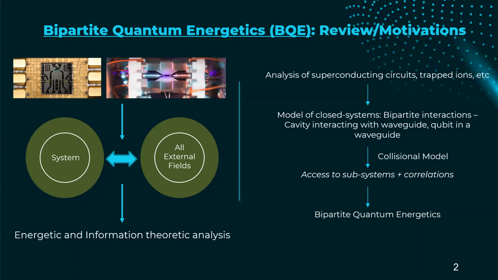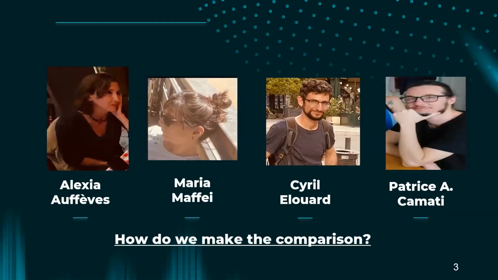How do the bipartite definitions of heat and work relate to these regular definitions? That's what I'm going to do today, and this is what our group has done. These are some photos of our group members who participated in making this comparison. This is Alexia, and these are all photos from our outings, basically.